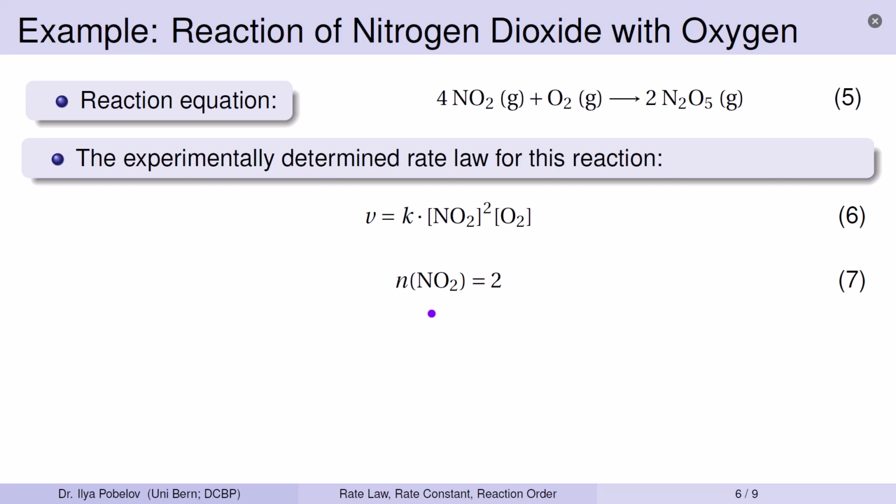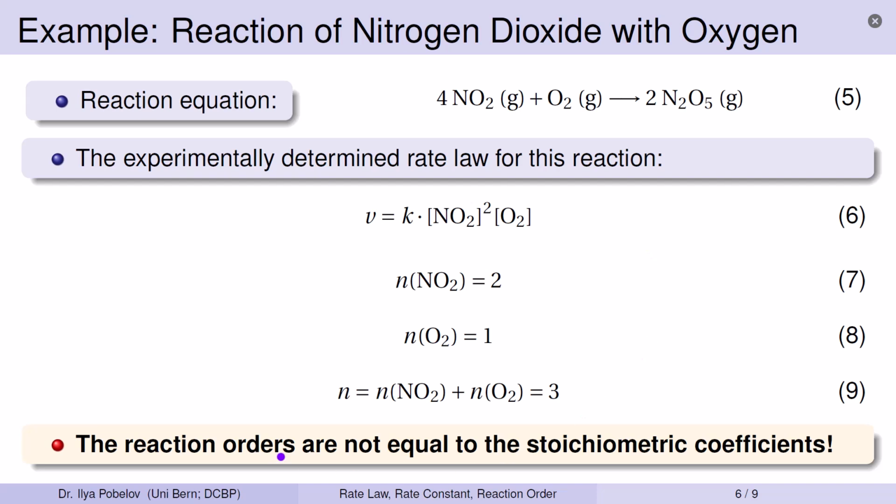According to the definition of the reaction order, this reaction is second order with respect to NO2, first order with respect to O2, and third order overall. Notice that the reaction orders are not equal to the stoichiometric coefficients.